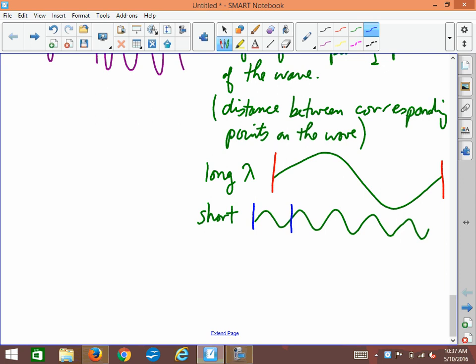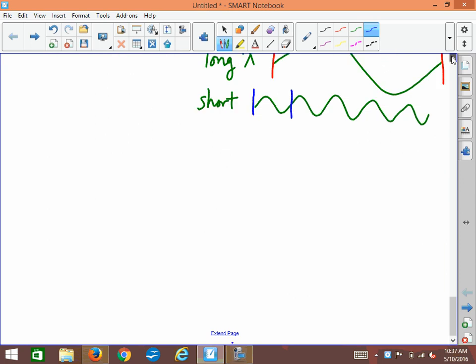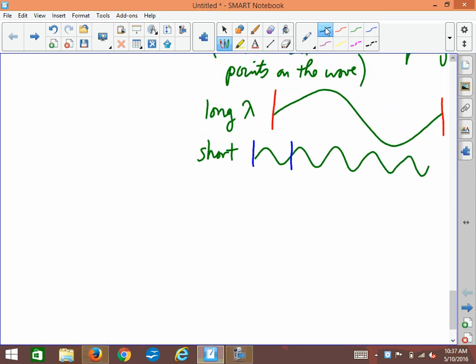Where it gets a little tricky is when you have amplitude and wavelength changing at the same time. So let me give you a couple of examples of that for visuals. I'm going to draw a certain wavelength, and I'm not going to change the wavelength, but I'm going to change the amplitude. So here's a wave with a big amplitude, and here is a wave with the same wavelength, but a small amplitude.